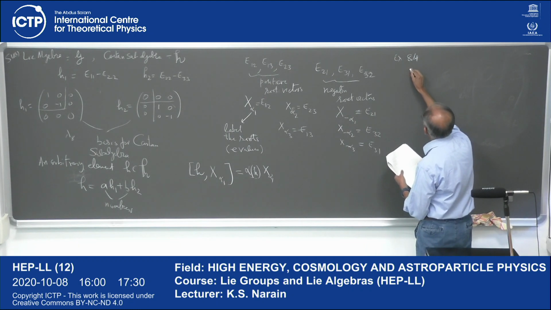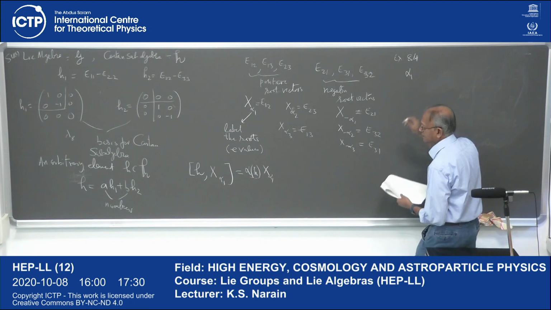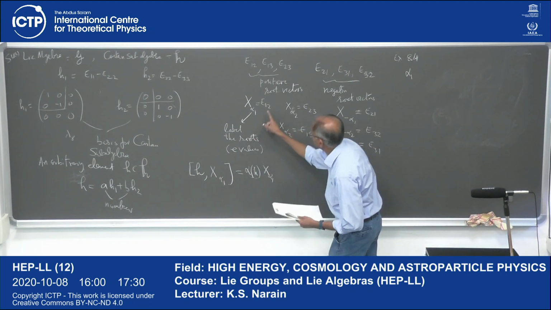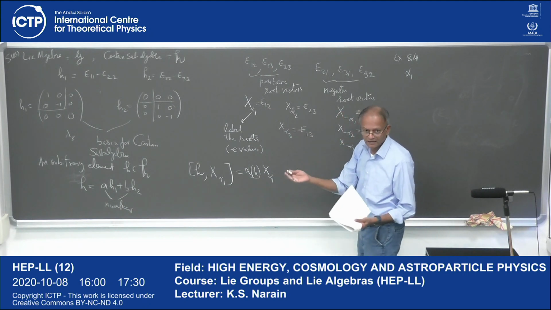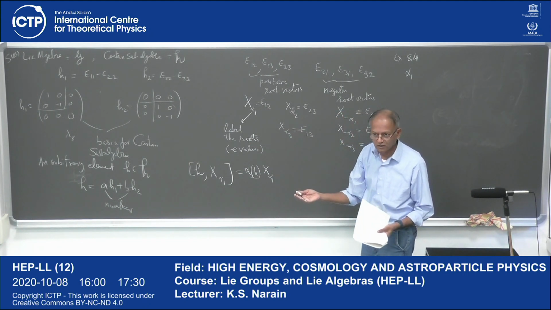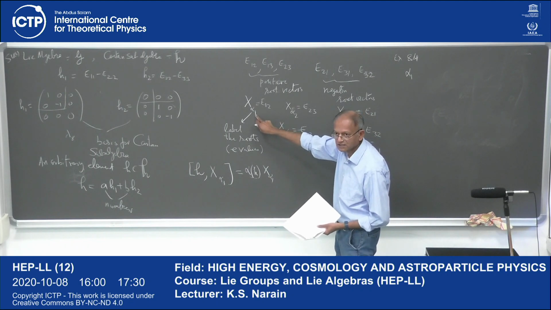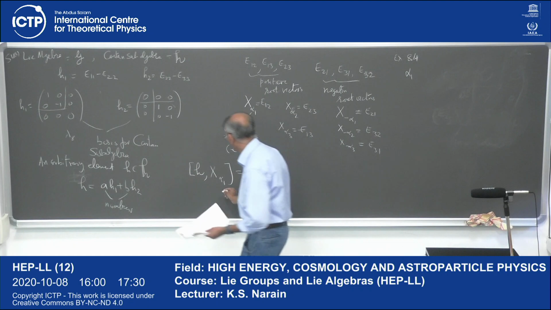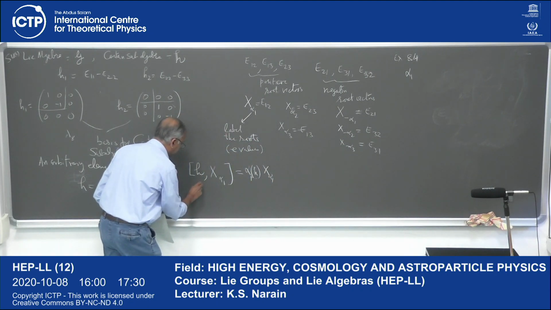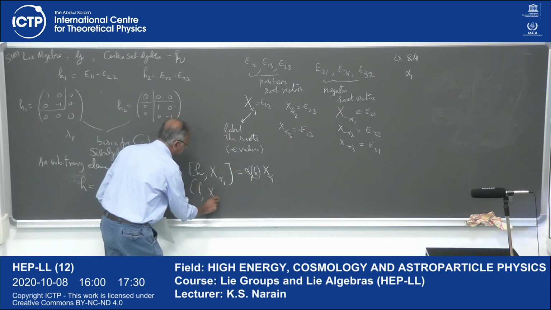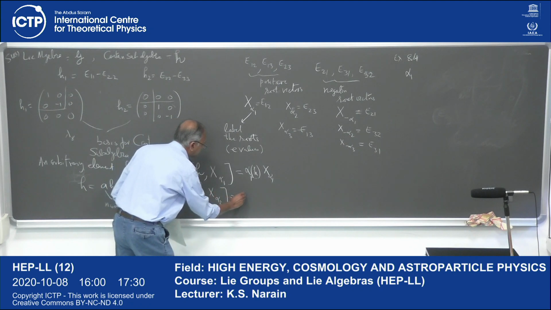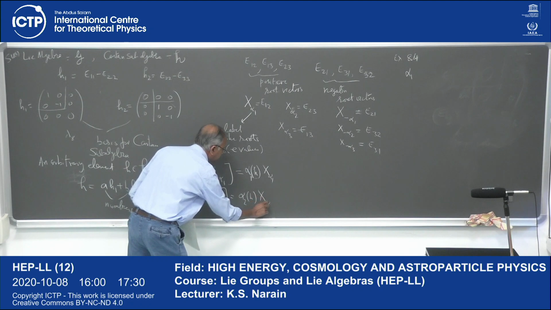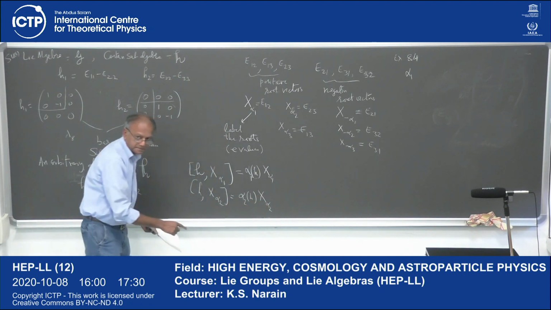Which says that alpha 1, so this is alpha 1, right? This number 1, 2, 3 just labels the different roots. So this is for alpha 1, and similarly for alpha 2 and alpha 3, etc. H with X alpha 2 gives alpha 2 of H times X alpha 2, and similarly for alpha 3.